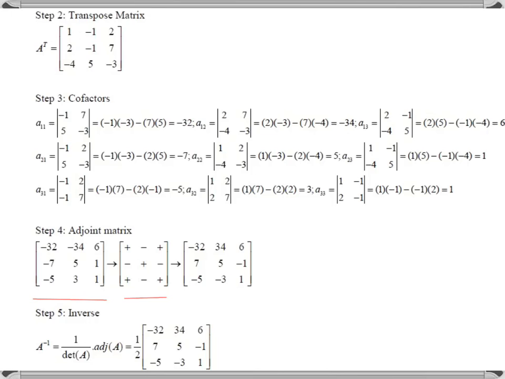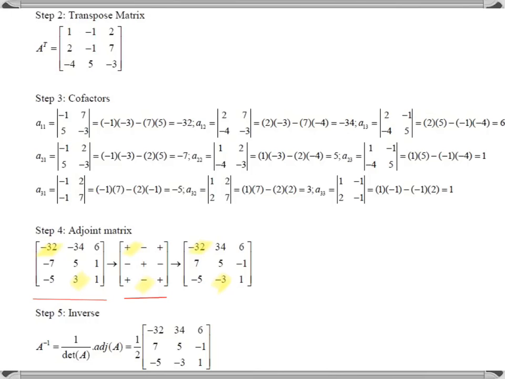So for example, the minus 32, you multiply it by plus, so you still get minus 32 as the answer. Take another one here, for example, the 3 here, you apply a minus to that, and you get minus 3 as the answer. So that's what's going on there. You notice every second one in that matrix is a plus and a minus.